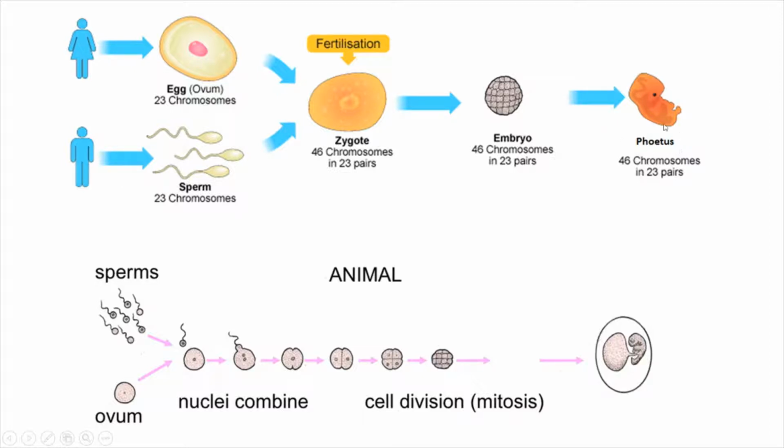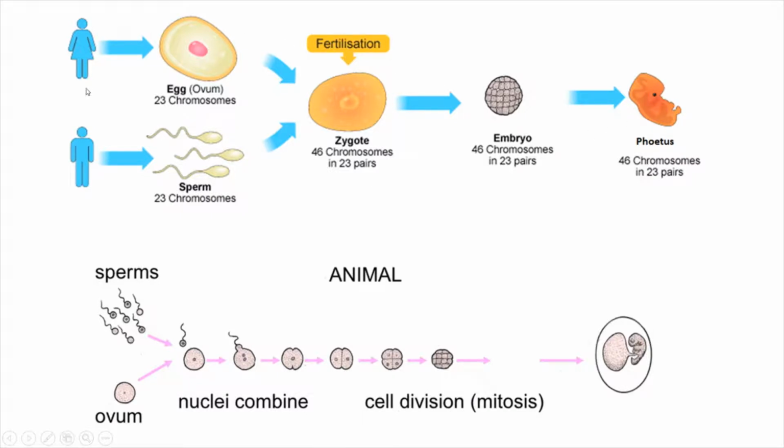And this fetus is known like that because it already has all the organs: the heart, the liver, the stomach, the eyes. All of them are present there, but they are not well developed yet. So that is a fetus. But the genetic information is exactly the same in the 3 stages.